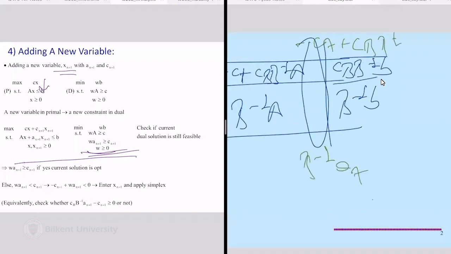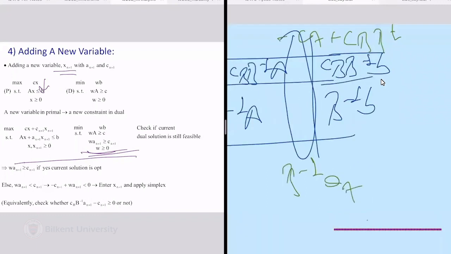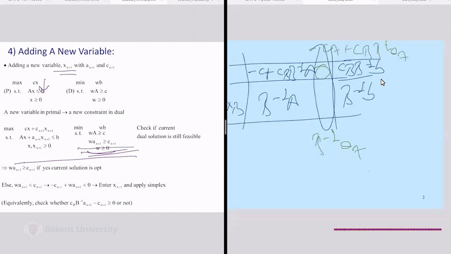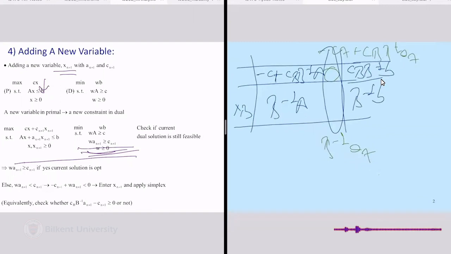If this row 0 value of this new variable became negative, that means the dual feasibility is lost. I'm supposed to utilize primal simplex. Enter that variable, whoever is leaving.